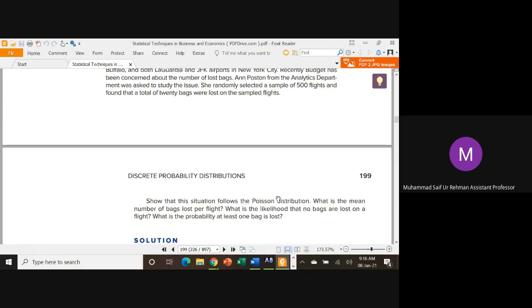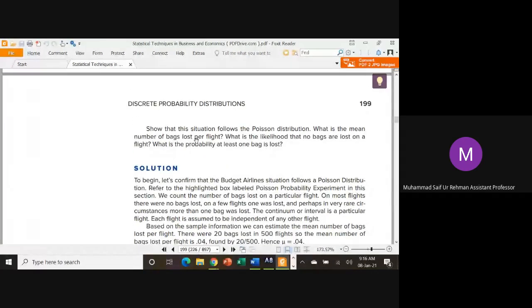And now you are interested in, first of all, finding out, you have to confirm that this situation is a Poisson distribution situation. So you can see that out of 500 flights, only 20 flights were there when a bag was lost. Okay, so 20 divided by 500.